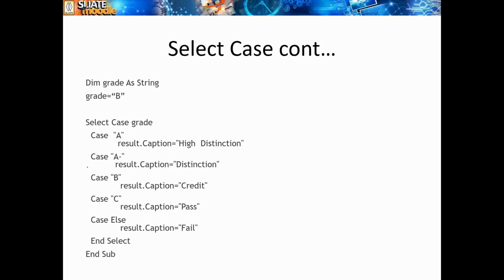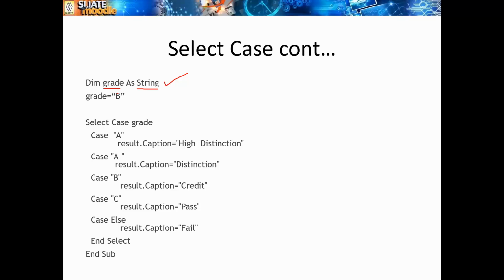We are going to check whether what we are checking is equal to the given value. For example, here you see in the first line you have a variable grade, right? And it is defined with the data type string, right? So for this grade variable, you can store a string value.